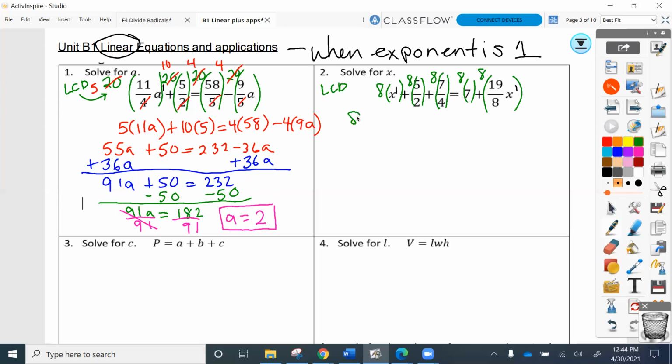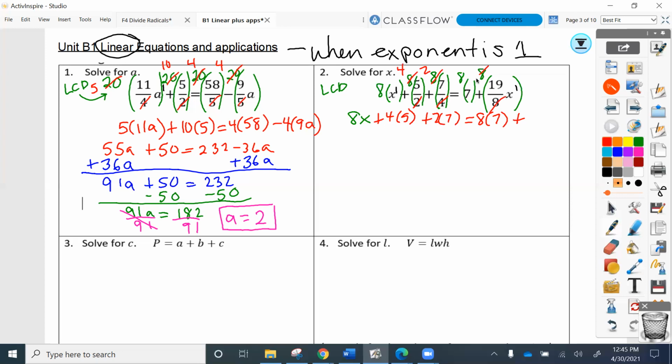So we'll get 8x. 2 goes into 2 once, 2 goes into 8 4 times. So we'd have plus 4 times 5, which is left. 4 goes into 4 once, 4 goes into 8 twice. So we'd be left with 2 times 7. Here we're just left with 8 times 7.